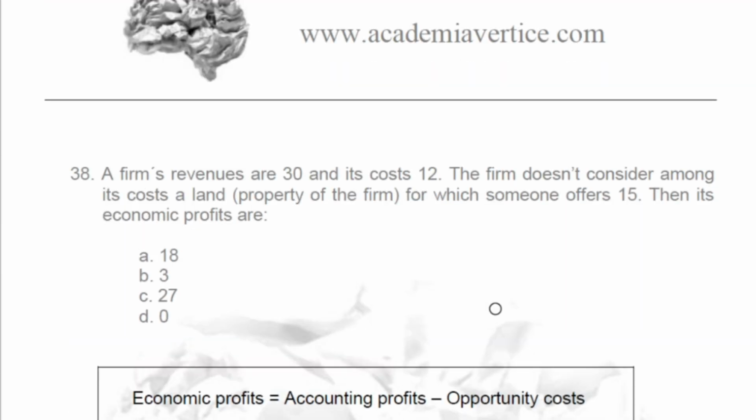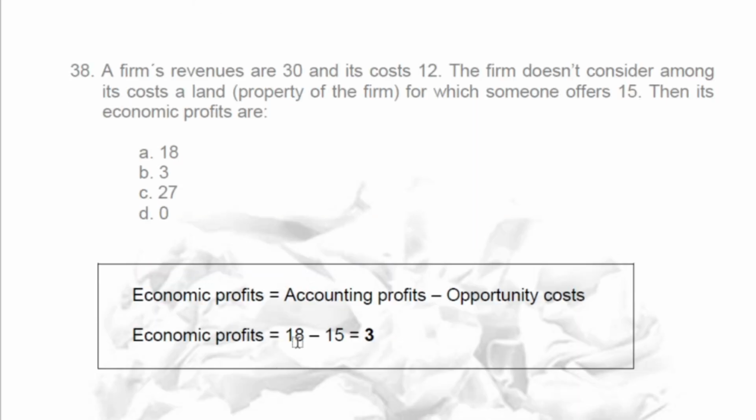Now, 38th. A firm's revenues are 30 and its cost is 12. The firm doesn't consider among its costs a land property of the firm for which someone offers 15. Then its economic profits are, well, very important. In micro, as you know, we use economic profit, not accounting profit. So if my revenues are 30 and my costs are 12, my accounting profits are 18.